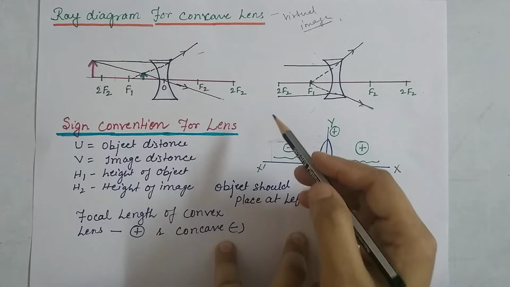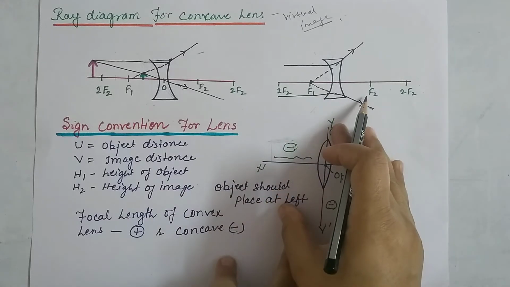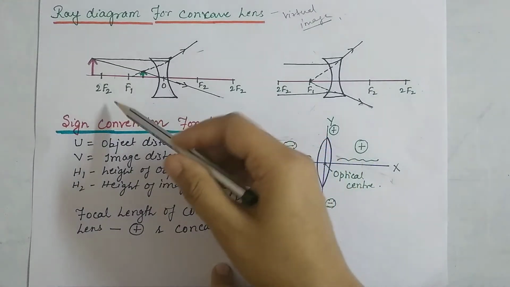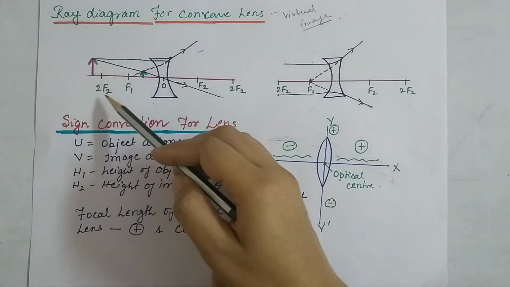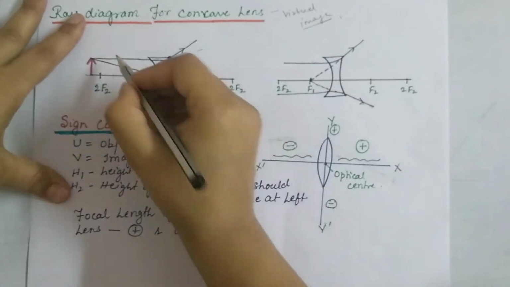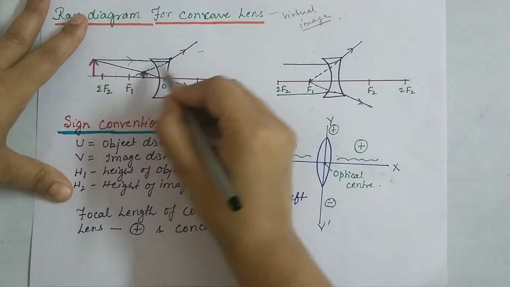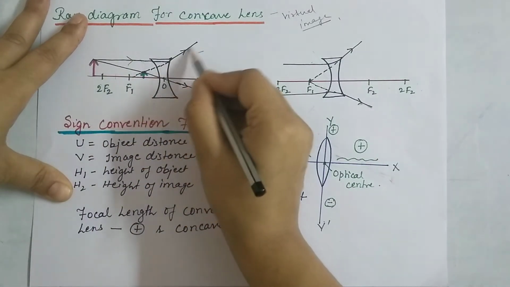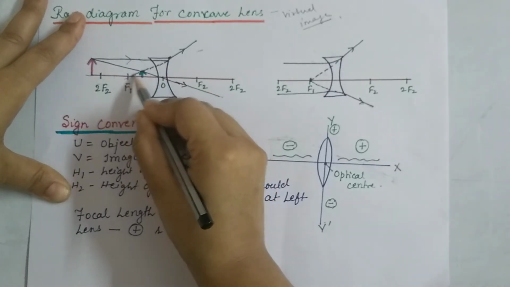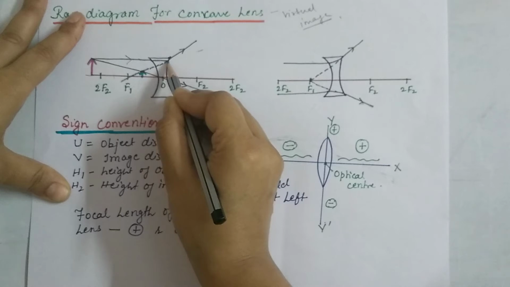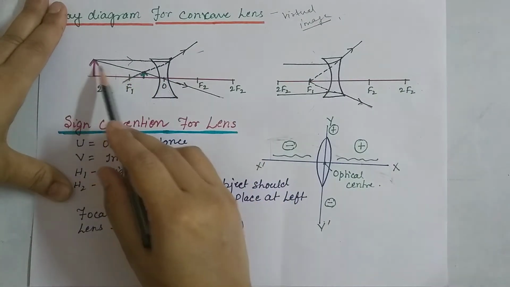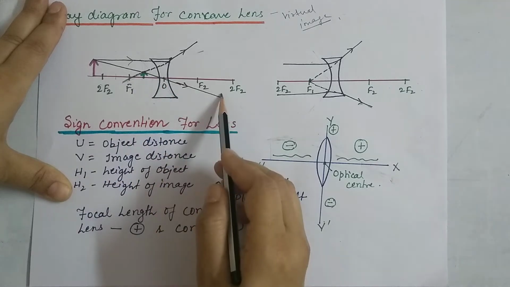So here we have taken the two ray diagrams, which are the most important ones. Again the rules are the basic rules that we followed for the formation of a ray diagram. First, when the object is placed beyond 2f2, the light ray is incident parallel, and obviously it gets diverged, but when we take it back it meets at the focus, and at the optical center no bending takes place.